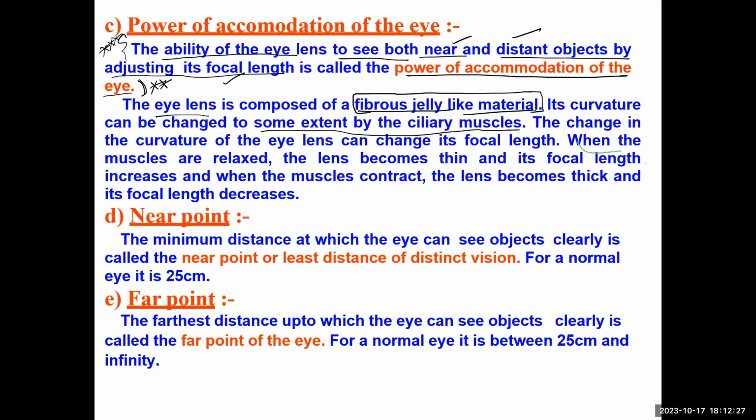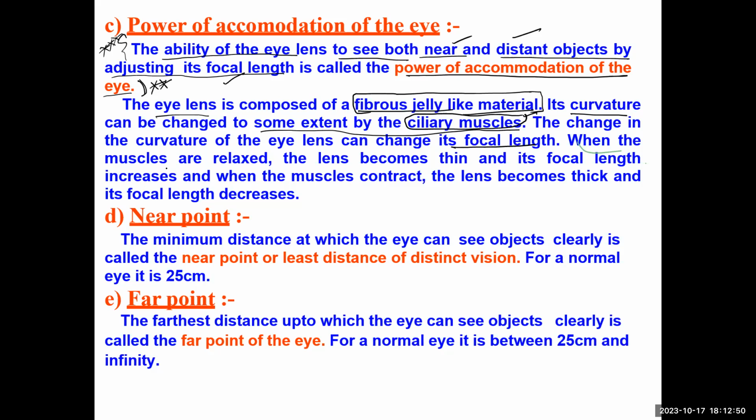The curvature of the lens and the change of focal length can be done with the help of the ciliary muscles. Once the curvature of the eye lens has been changed, the focal length can also be changed. It changes with the help of the ciliary muscles.